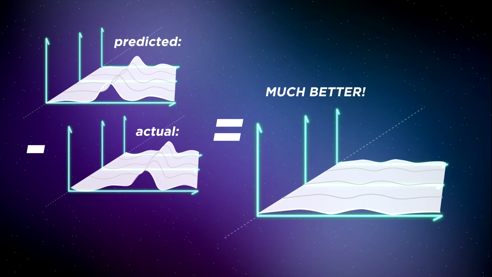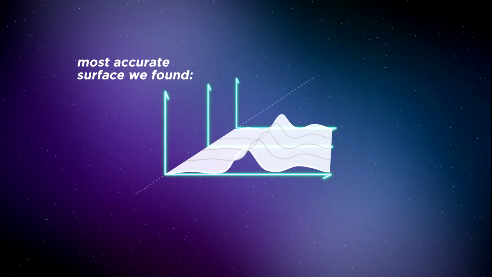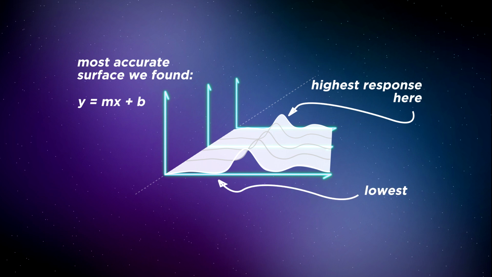So back to that surface thing. When we get that most accurate surface, which has its own equation, we then use this as a guide to get to that region that gives us the highest or lowest response, okay? We don't want beads at all. So we go to this region where the number of beads is at its minimum.